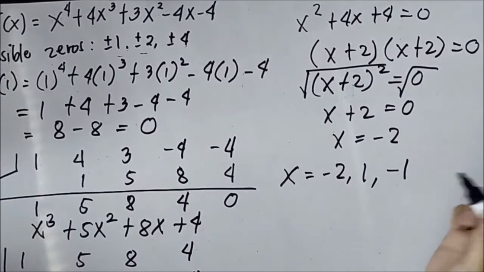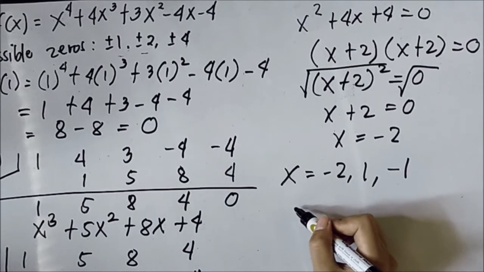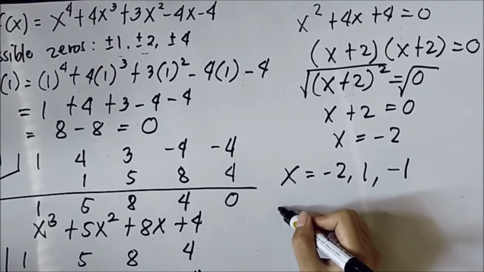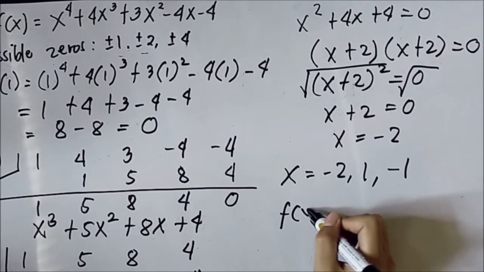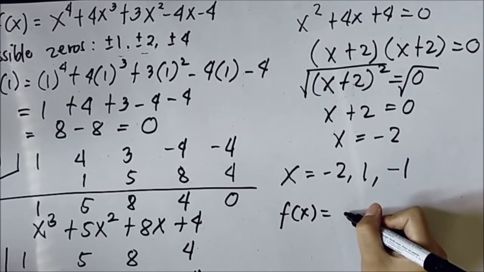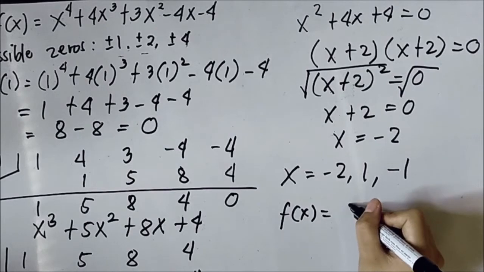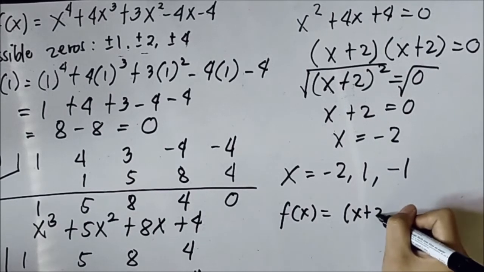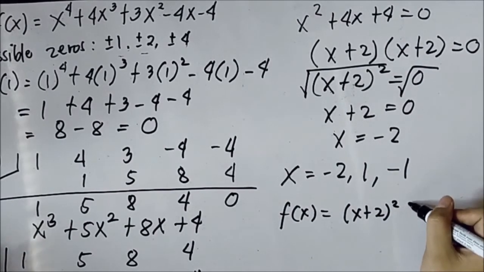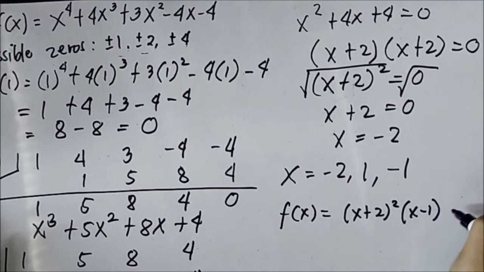So in factored form, this is equivalent to f of x is equal to x plus 2 squared, x minus 1, x plus 1.